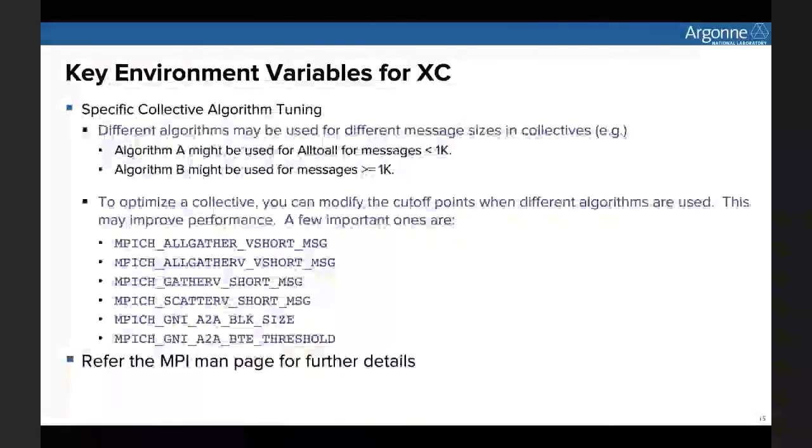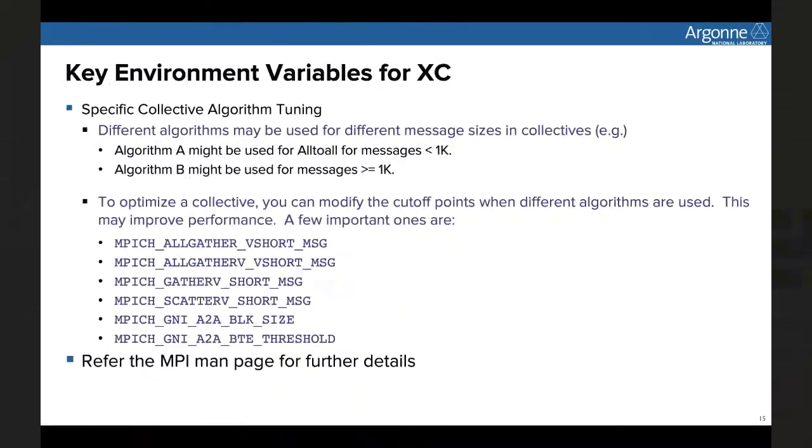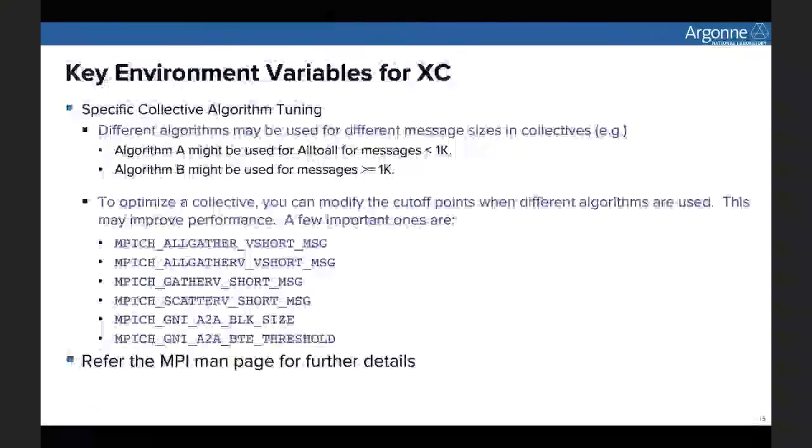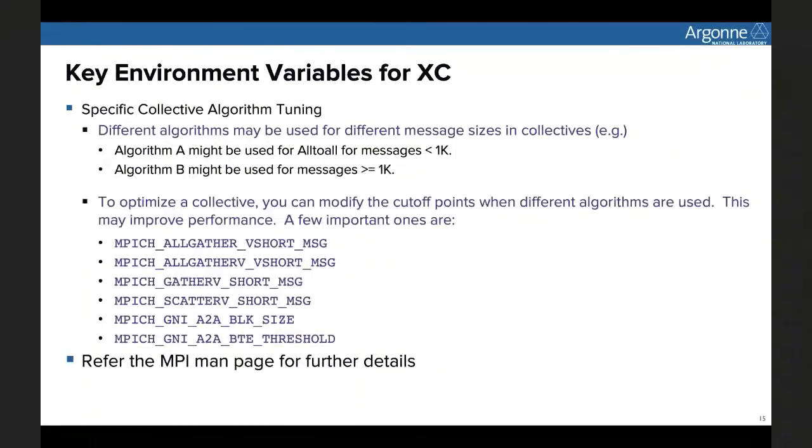In the collectives, it is different. If you're familiar with MPICH, it has different types of algorithms for an all reduce, for example, Bruck, Rabenseifner, and when to use which algorithm is hard coded in the sense that some default numbers are set, like less than 1k, all to all algorithm A is used, greater than 1k algorithm B is used.